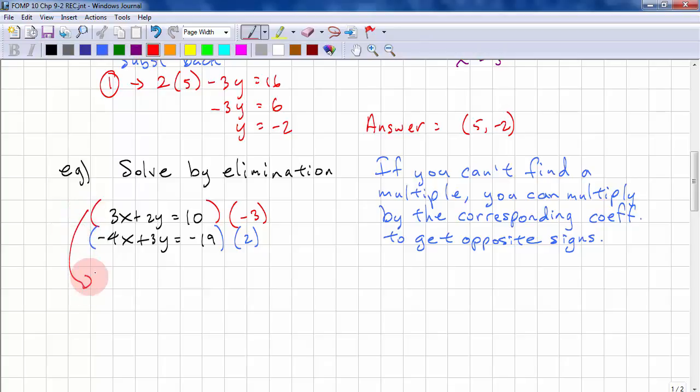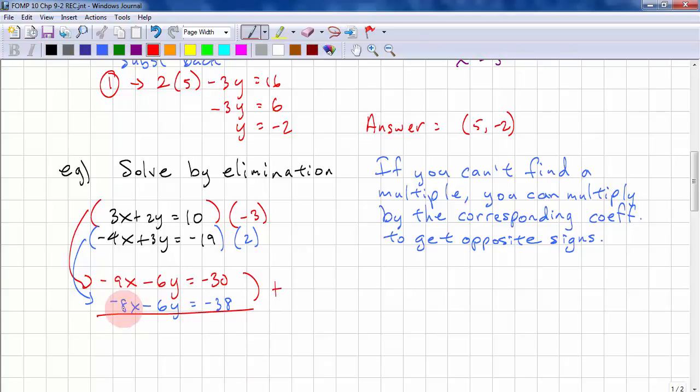Okay, we multiply this one by negative 3, we get negative 9x, negative 6y, and negative 30. We multiply this one by 2, that's negative 8x, 6y, and negative 38. We add the two together, draw a line.